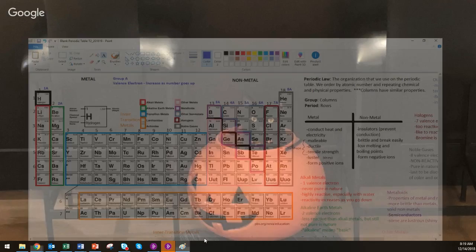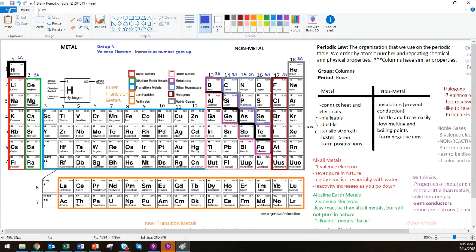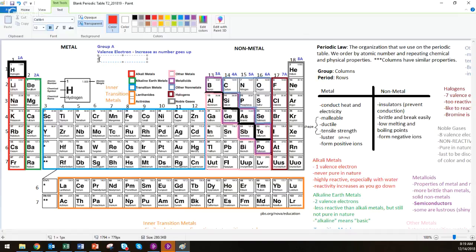So let's add that on here. I'm going to make this super bright. All right, ion pattern. So just write these. Everything in the column forms this ion.